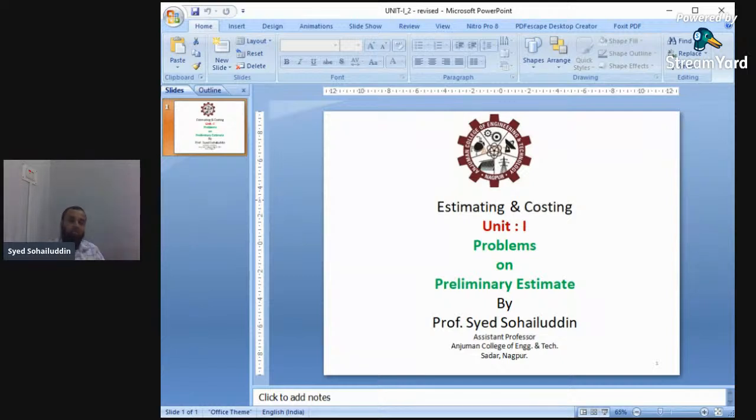And lastly, the fifth method is the approximate quantity method. This is just a revision of what we have already studied in the last lecture, that is the preliminary estimates. In the approximate quantity method, we have to find out the quantity of the structure or the quantity of various items below plinth level and above plinth level, that is substructures and superstructures.